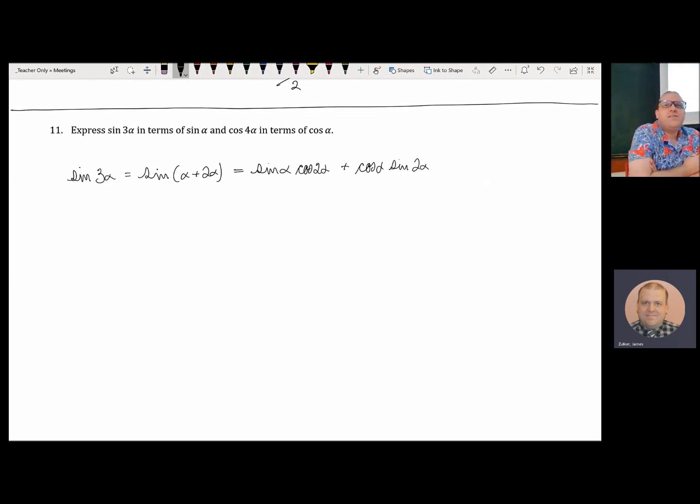That's not good enough. It told us only sine of alpha. Well, cosine of 2 alpha is 1 minus 2 sine squared, isn't it?